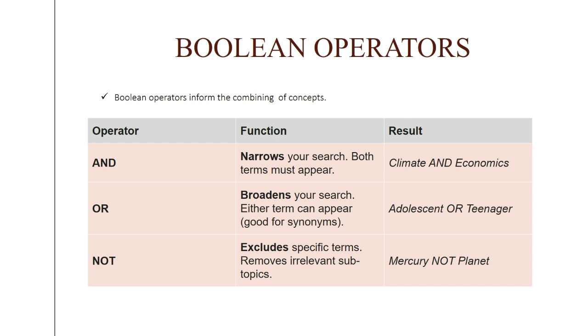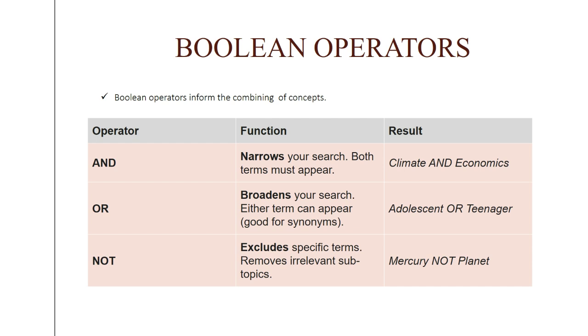In this case, I'm instructing my information source to give me results on Mercury, but not the planet. So I won't get any information on Mercury the planet. It takes away the planet and leaves the metal, which is also known as Mercury. Yes, thank you, Doc.